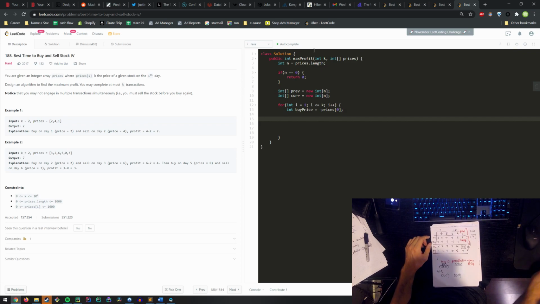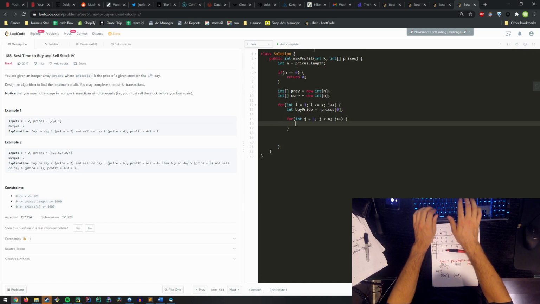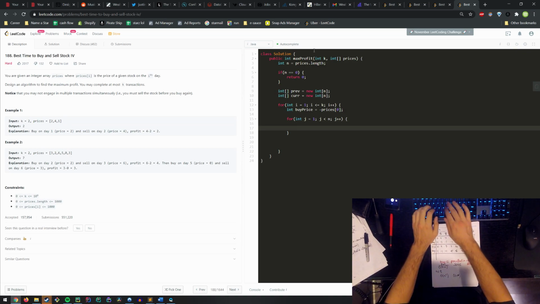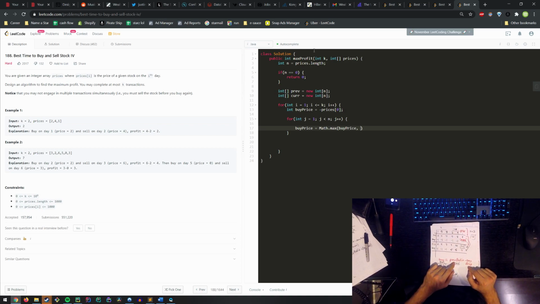And then what did we do? Well, first we calculated, I guess, the profit, and then we did the buy price. So say int j equals 1, j is less than n, j plus plus. Our buy price was the max of whatever it was before, so Math.max, buy price, or I guess just whatever buy price was before, and then also the previous profit minus the price.